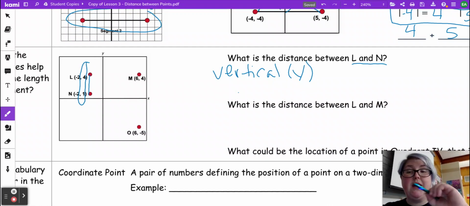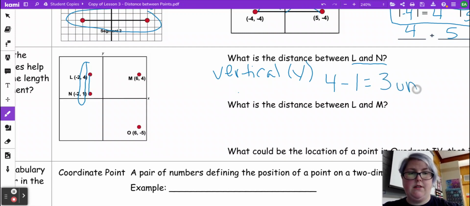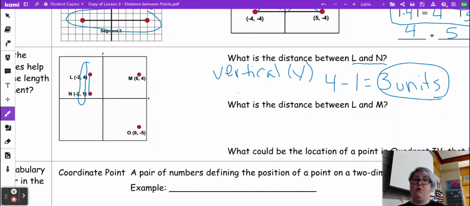Folks, if they're both in the same quadrant, we are all in quadrant number 2, then we can just do 4 minus 1 will give us 3 units. That is our distance between the two from 4 to 1. There are 3 spaces in between.